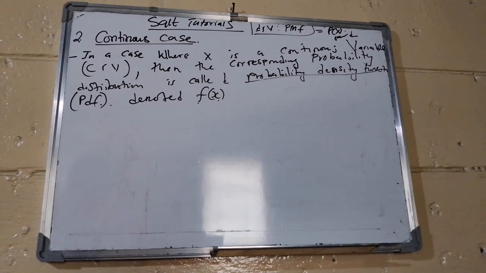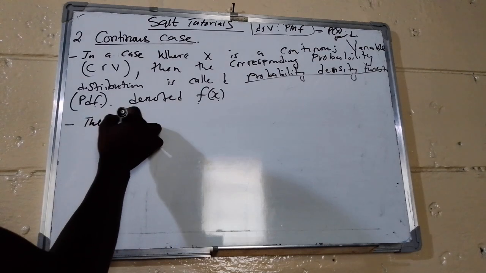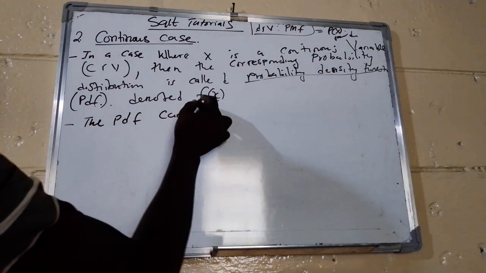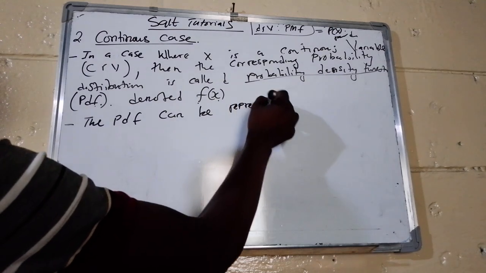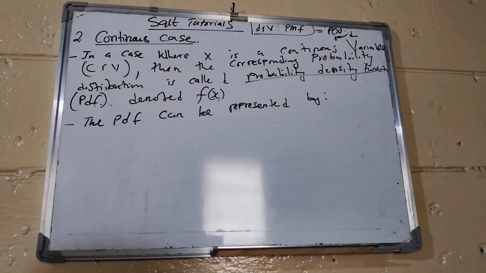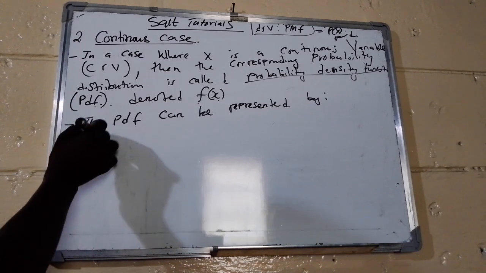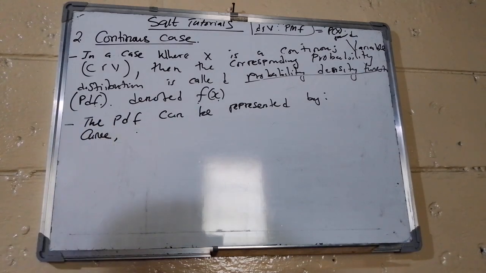The same is happening even in the continuous case. So the PDF can be represented by a curve, and the probabilities can be given by the area under that curve.